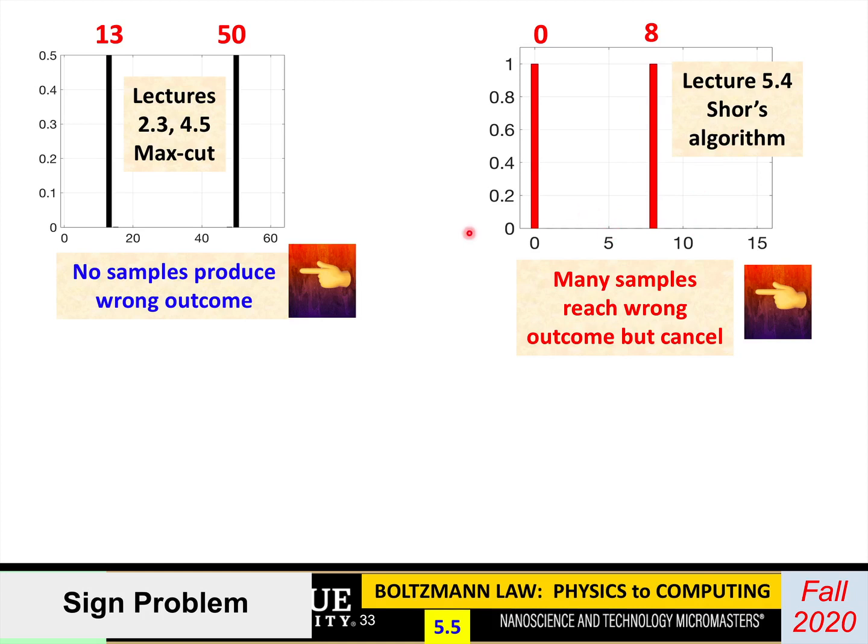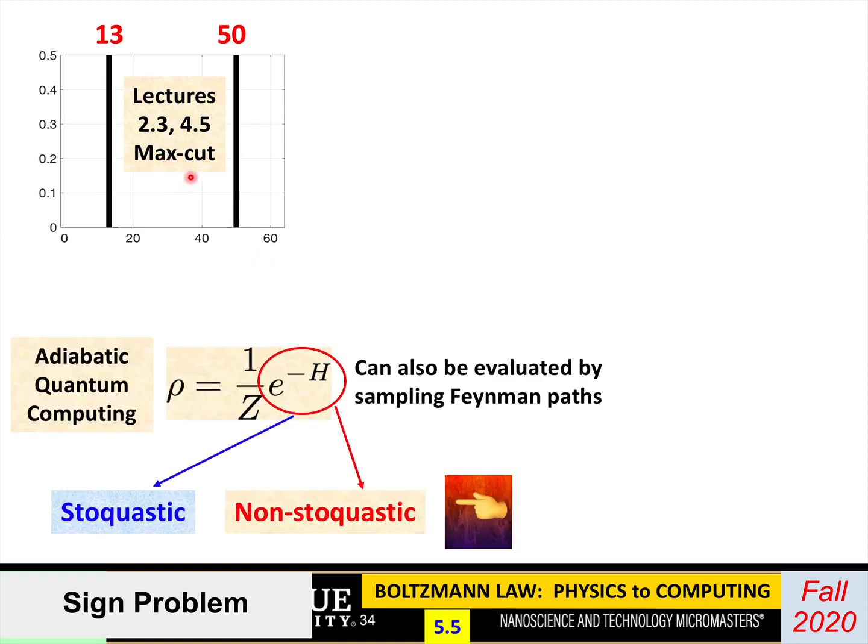So this max cut problem, the classical optimization problem, you may remember, we revisited in week 4 and used it as an example for adiabatic quantum computing as well, where you have to calculate the density matrix. Now, although we have not discussed it, this density matrix can also be evaluated by sampling Feynman paths.